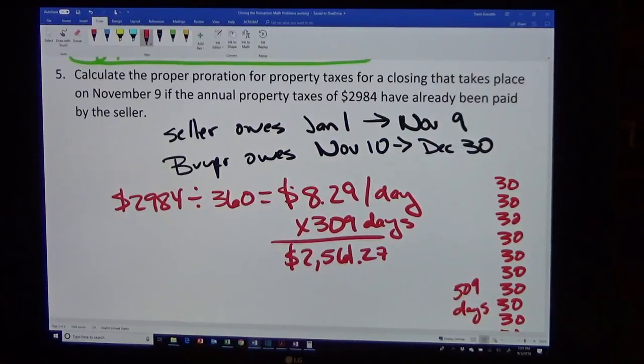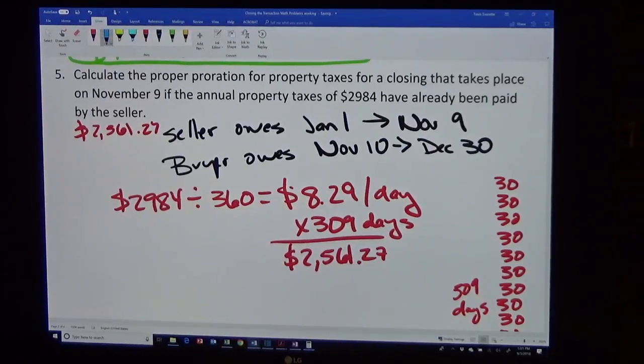That's the seller's portion, so put that with the seller. Same thing applies: we can do the buyer side by taking the total, which is $2,984, and subtracting what the seller pays, which is $2,561.27.